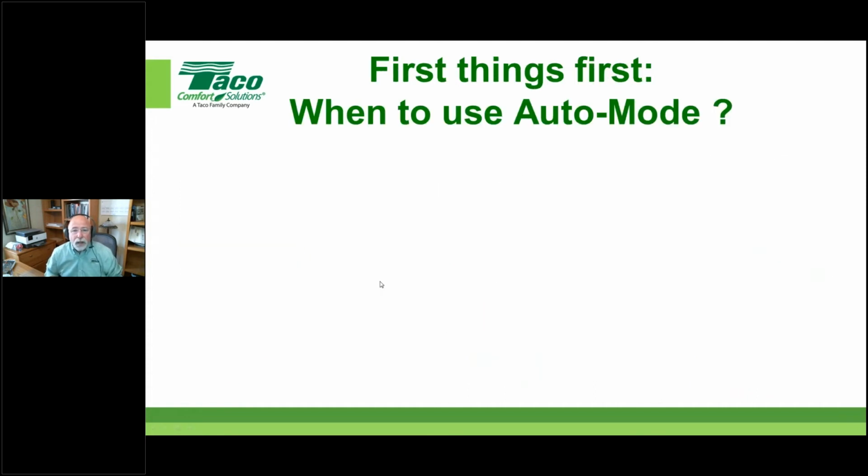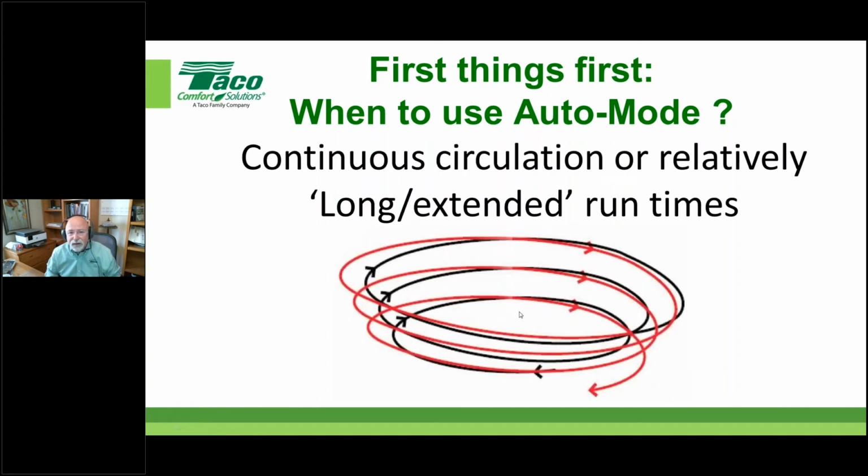So, other things to consider when using these auto modes: most of the time, folks, it's for use when the circulator comes on and runs for a really long time. One of the applications I showed you a picture of, which I noted as a kind of European design, had thermostatic radiator valves and panel radiators, extended header out and all that stuff. Remember, folks, you've got TRVs.